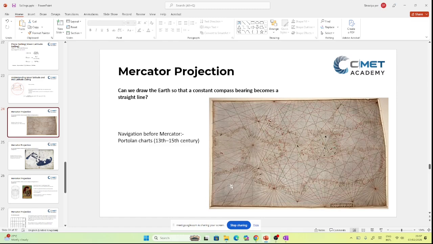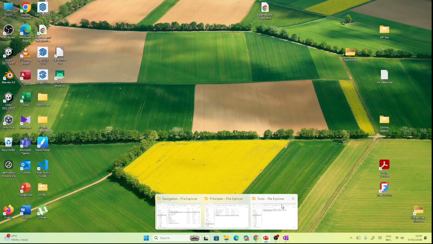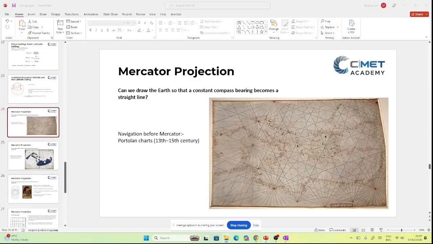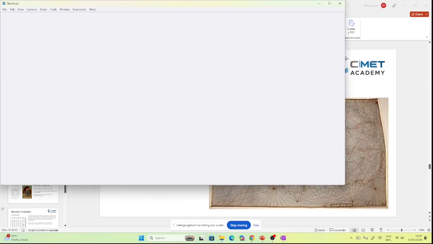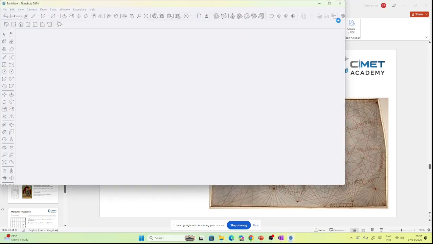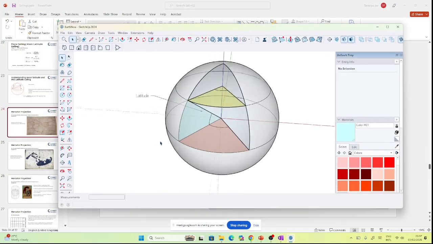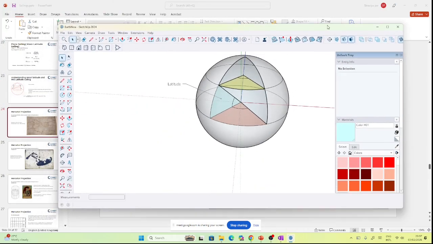Let me open up the 3D view. Can you all see this?